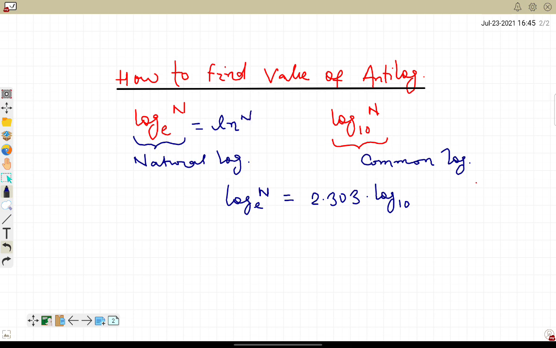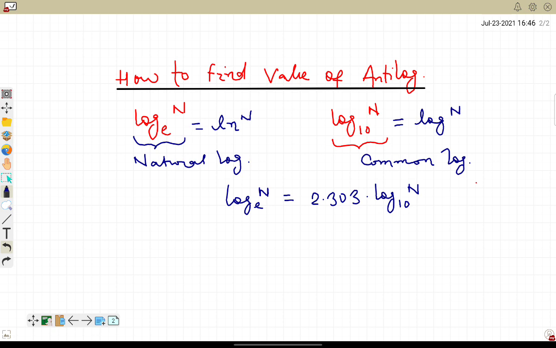If ln is written, this means our base value is e. If nothing is written, like direct log n is written, then automatically you can check our base value is 10, and the relation between these two is log n base e is equal to 2.303 into log n base 10.